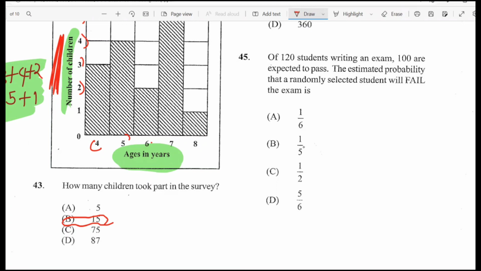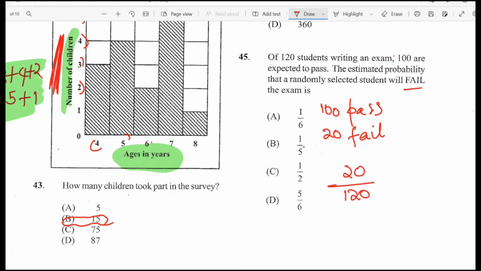If you know that 100 will pass, so we're talking about 100 that will pass out of 120, it means that 20 will fail. So we could look at it from that angle, since the question is saying the estimated probability that a randomly selected student will fail. It's going to be 20 out of the 120 that would have failed.